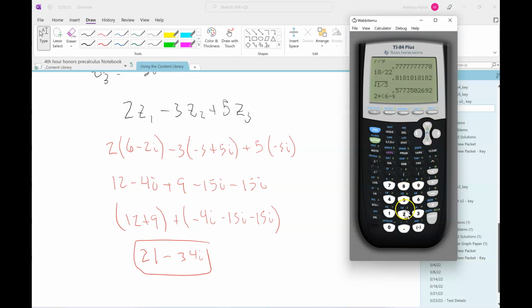And we can just type this in exactly like it looks on our sheet of paper. Uh-oh, what did I do wrong here?